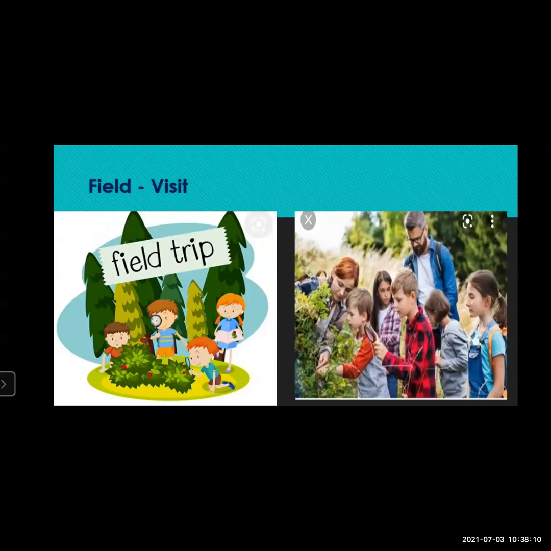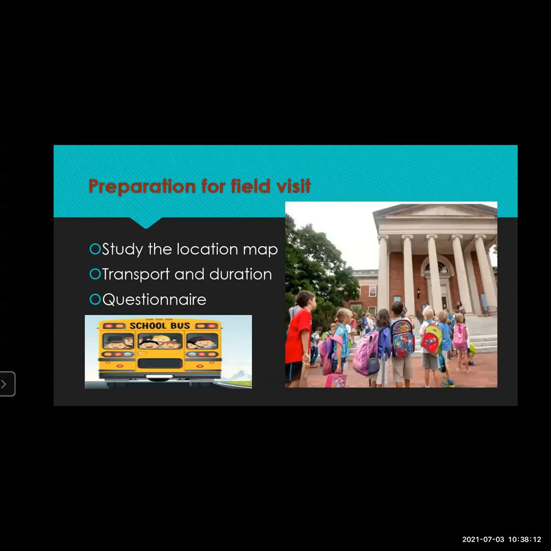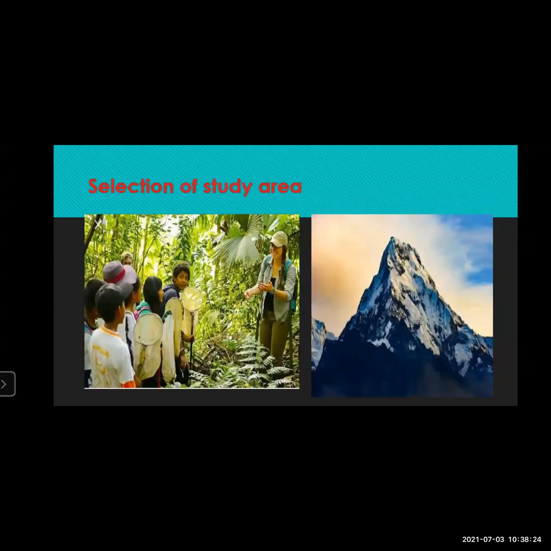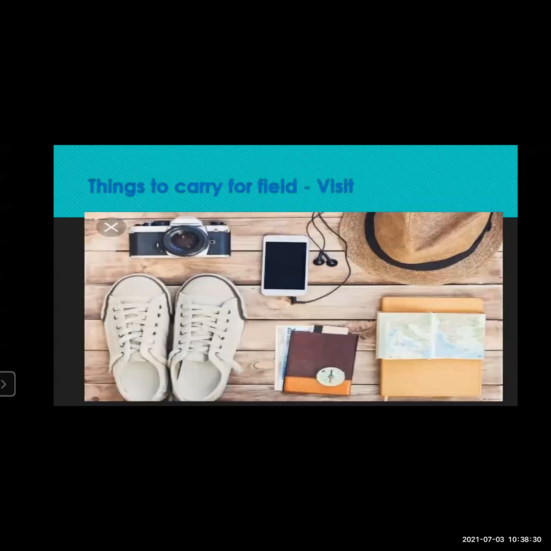Then we have seen the preparation of the field visit, what things are needed for the preparation, how the students should prepare themselves for the field visit, very important. Then we have seen the selection of the study area, which areas can be selected for a field visit.